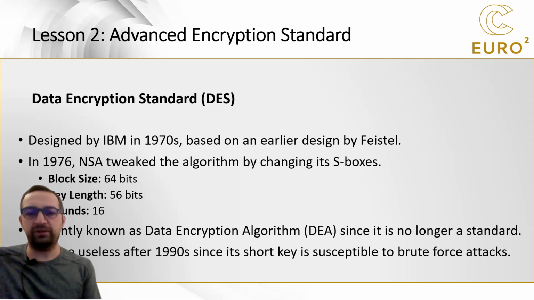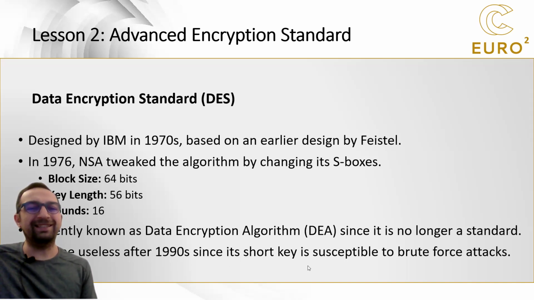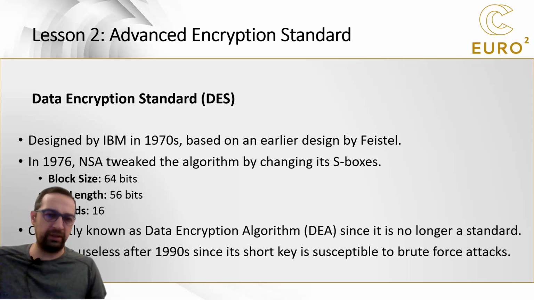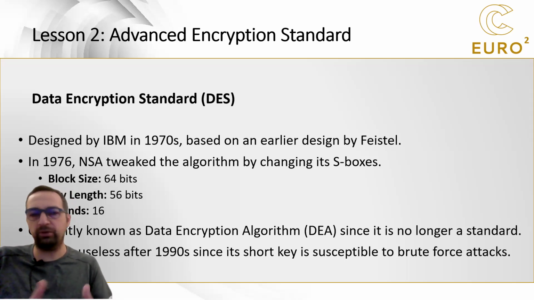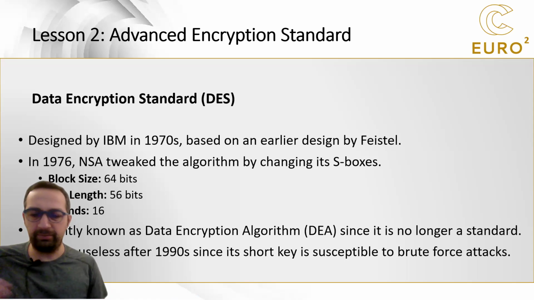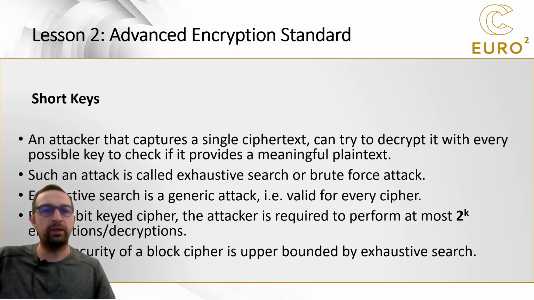This is why we even changed the name, because it became useless after the 1990s, since its short key is susceptible to brute force attacks. The crypto community stopped using it during the 1990s, but in the real world, people kept using it, which caused a security problem.